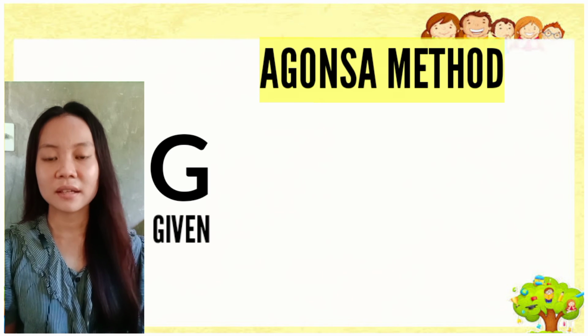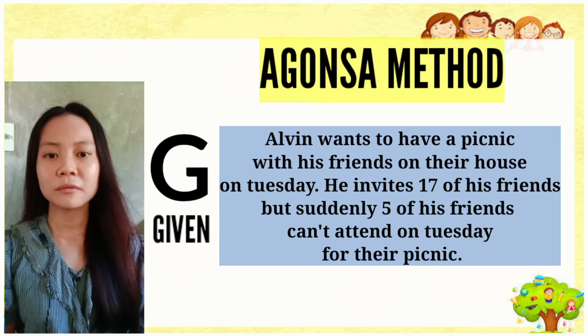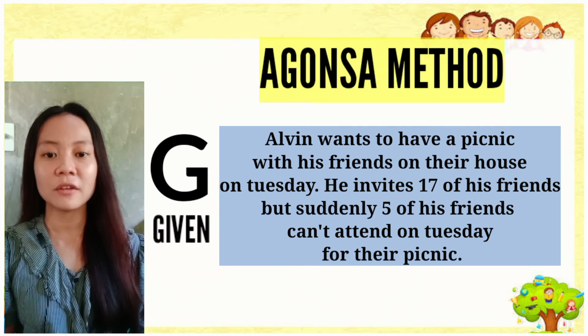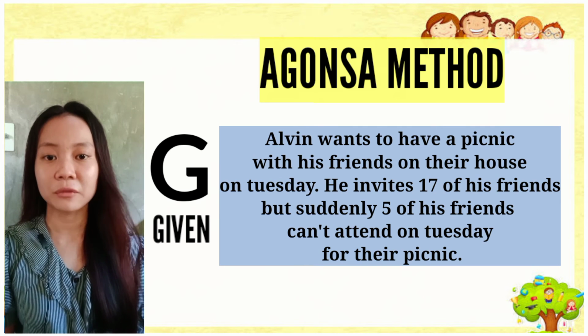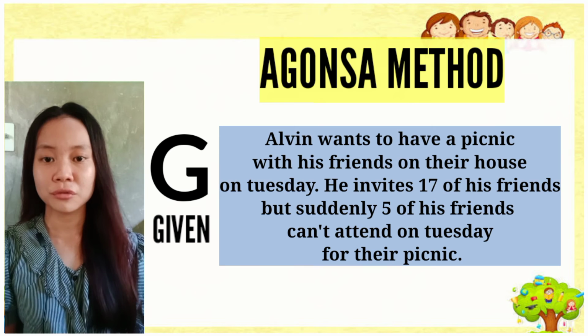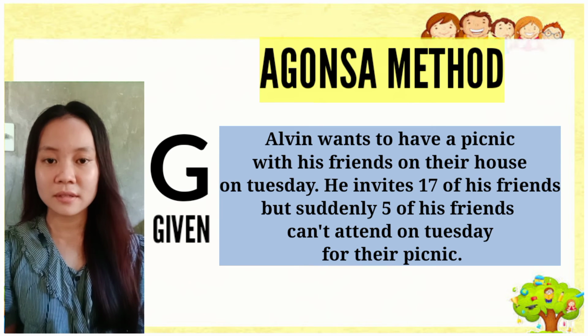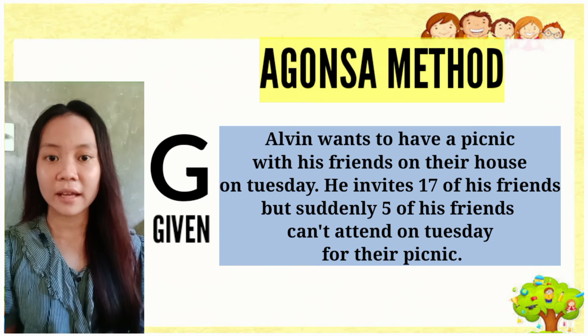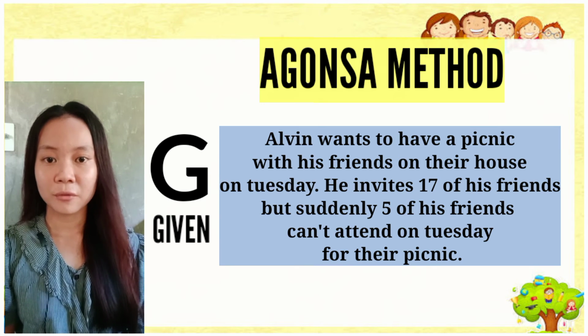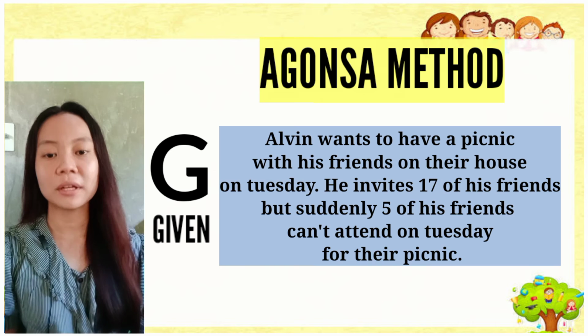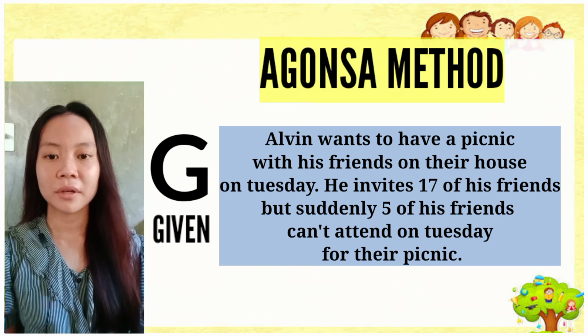So next is the given. So the given for that problem is 17 friends of Alvin are invited for their picnic on Tuesday, but suddenly 5 of his friends can't attend on Tuesday for their picnic. So that's the given problem.